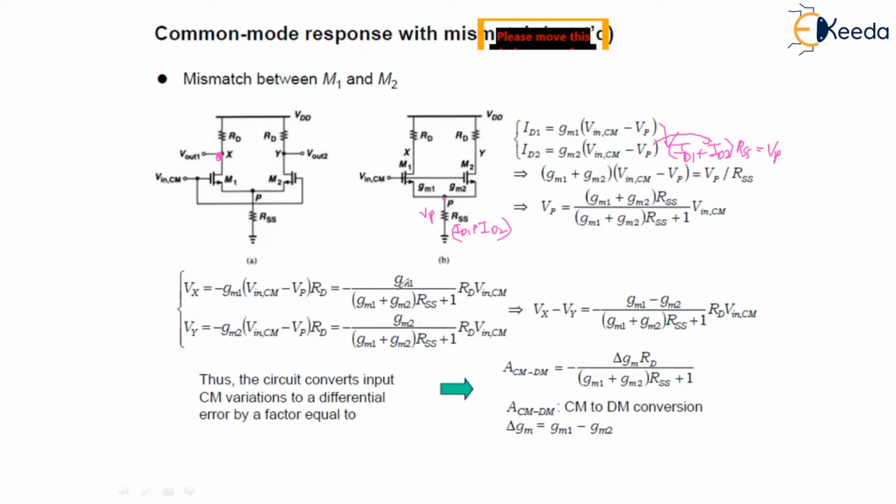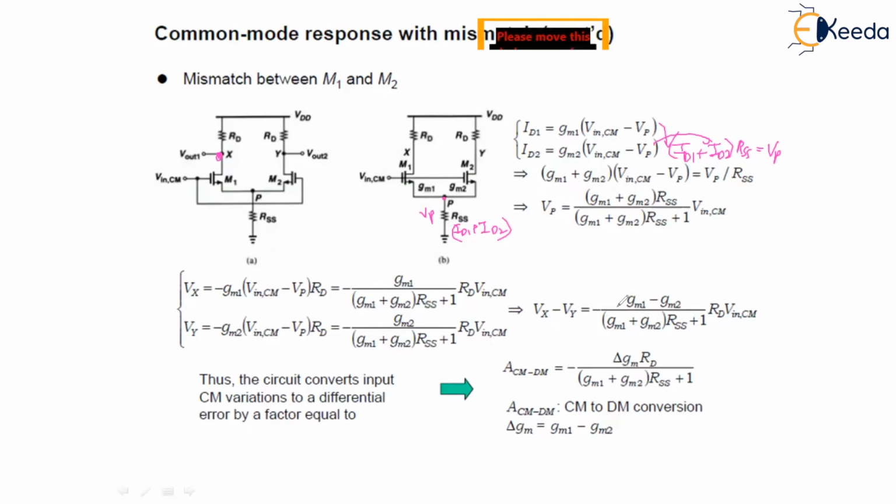Substituting the value of Vp, we have Vx equals minus Gm1 upon (Gm1 plus Gm2) RSS plus 1, times RT Vin,CM, and Vy is given as negative of Gm2 upon (Gm1 plus Gm2) RSS plus 1, times RT Vin,CM. Taking the differential component at the output, Vx minus Vy equals (Gm1 minus Gm2) upon (Gm1 plus Gm2) RSS plus 1, times RT Vin,CM.